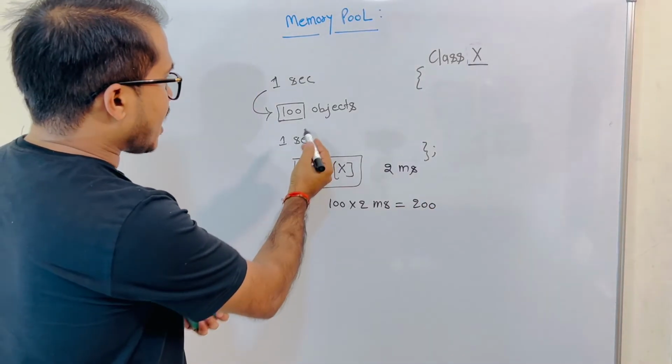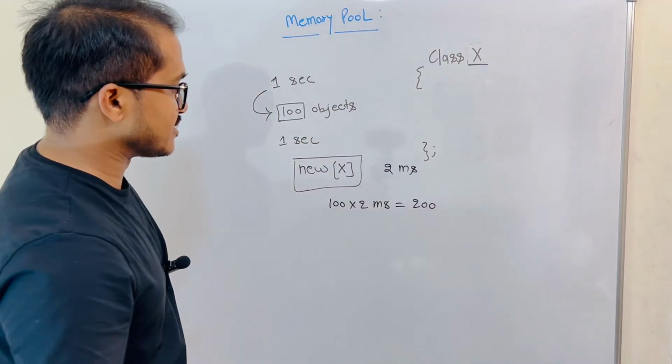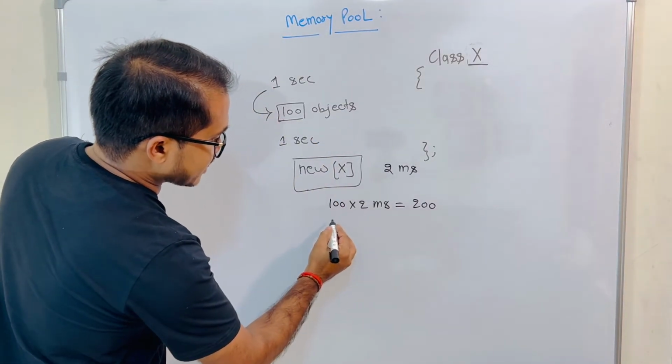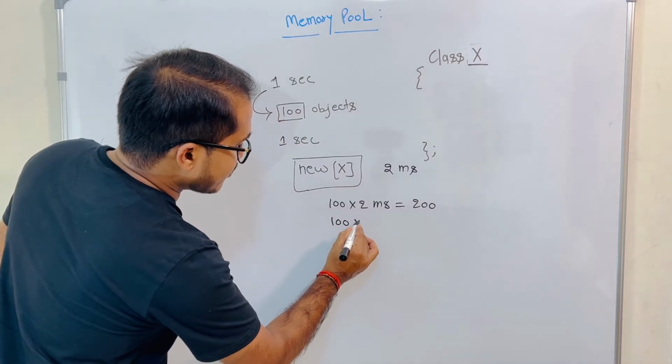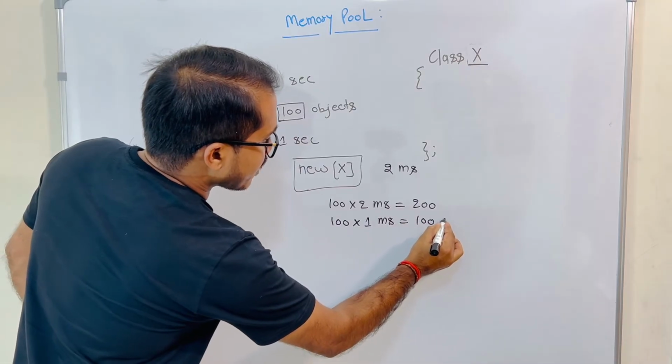And I'm also going to delete these 100 objects within that same second. Let's say deletion takes 1 millisecond, so the total deletion time will be 100 milliseconds.